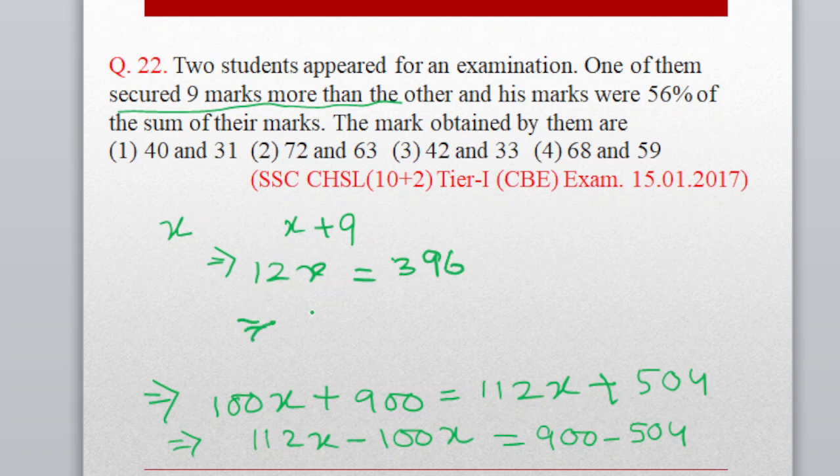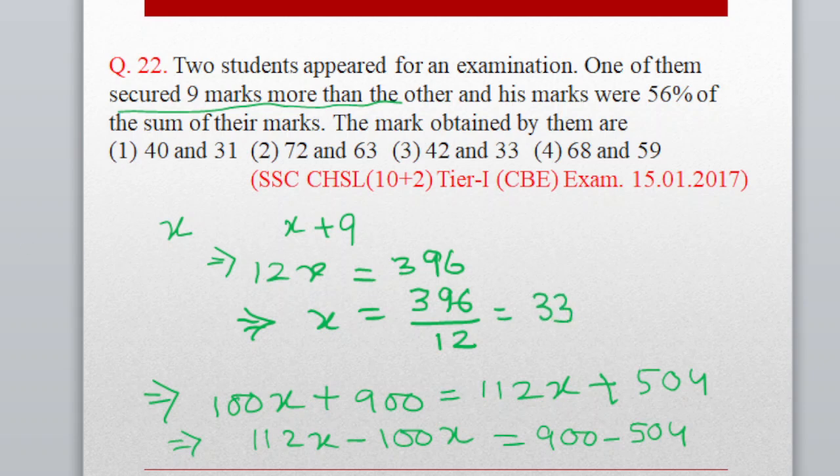This implies x is equal to 396 divided by 12. So when 396 is divided by 12, it becomes 33.